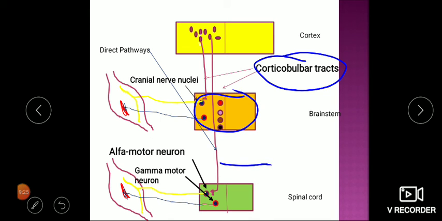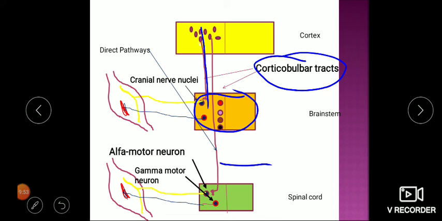This we have labeled corticospinal because it starts from the cortex and ends in the spinal cord. Now this starts in the cortex and ends in the bulb. So it is called a corticobulbar fiber. These fibers are controlling the cranial nerve nuclei, which supply the head and neck region. So they are controlling the muscles of the head and neck region. The corticospinal tract is controlling muscles of the upper limb and lower limb. The lateral corticospinal tract, medial or ventral, is controlling the posture muscles.